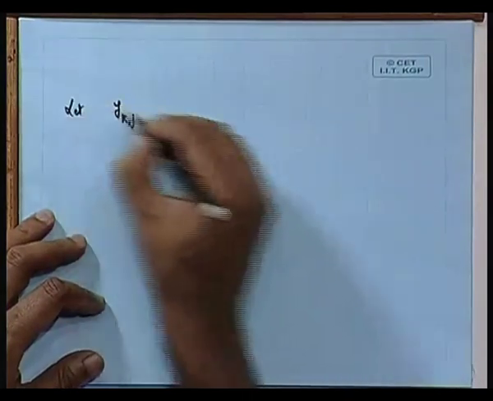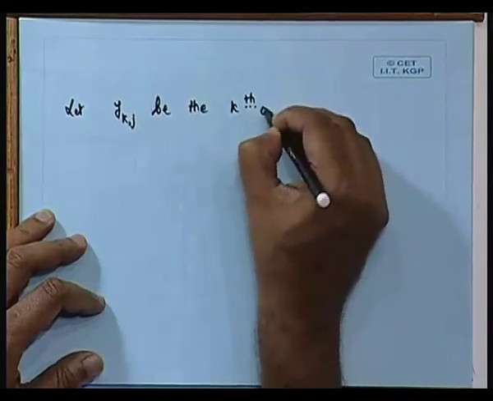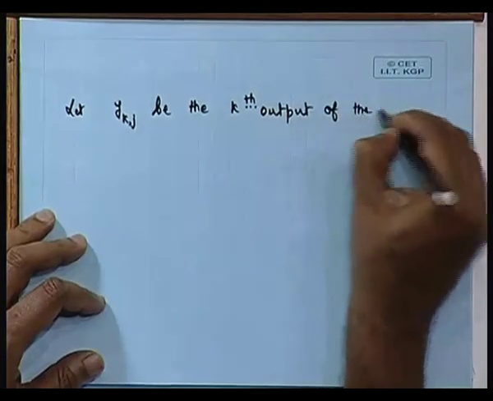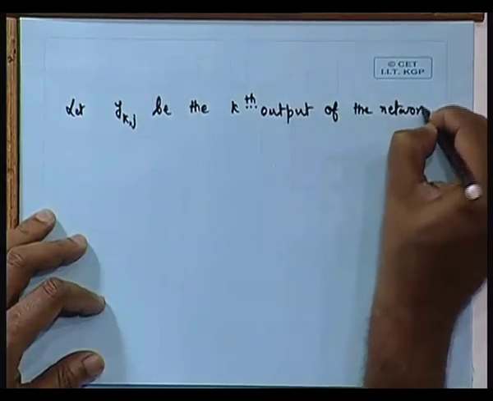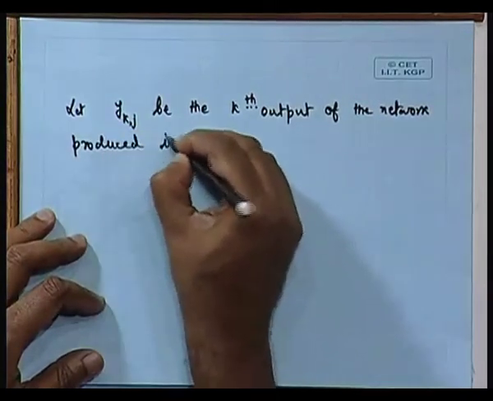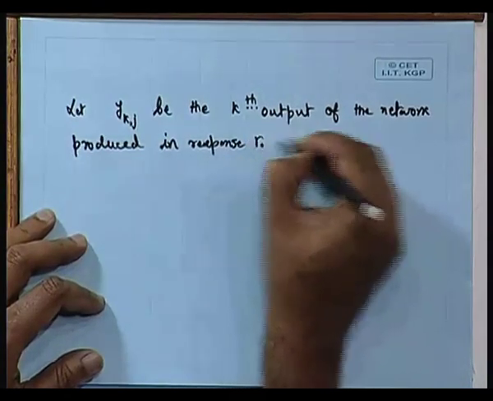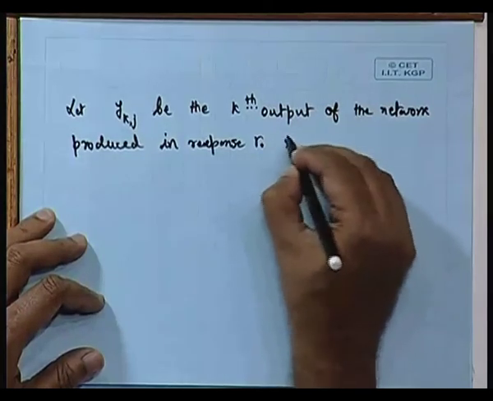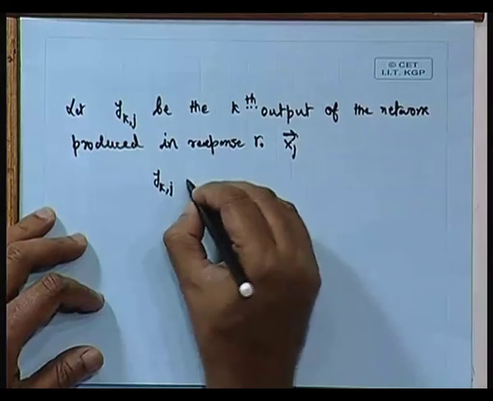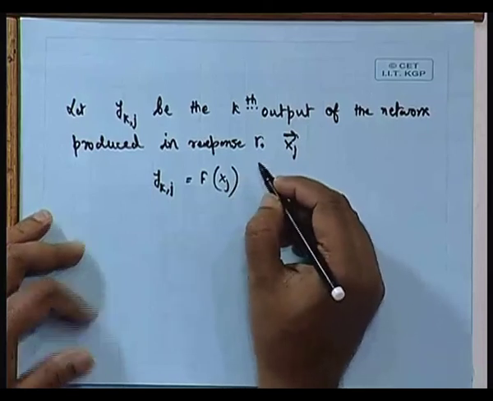So let y k j be the kth output of the network produced in response to x of j. So, we can write y k j equal to f of x j, where f is the function.